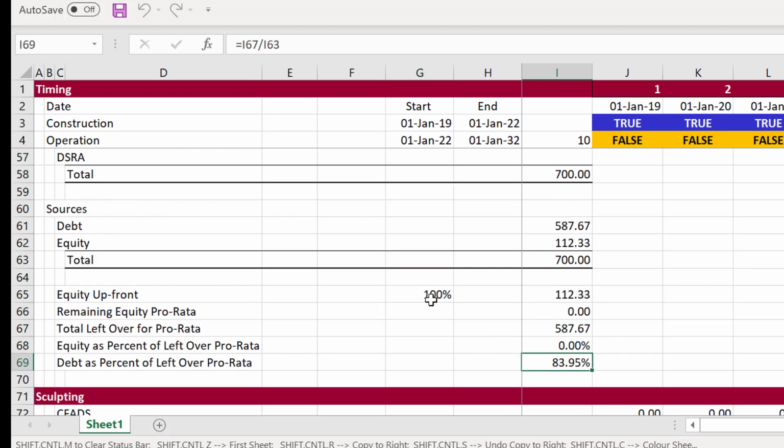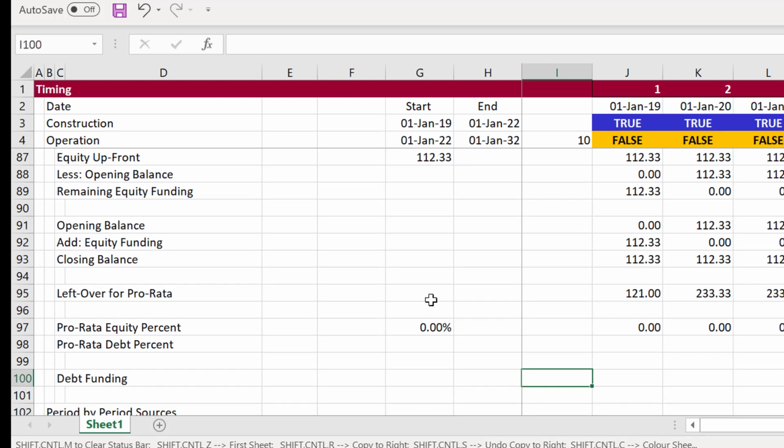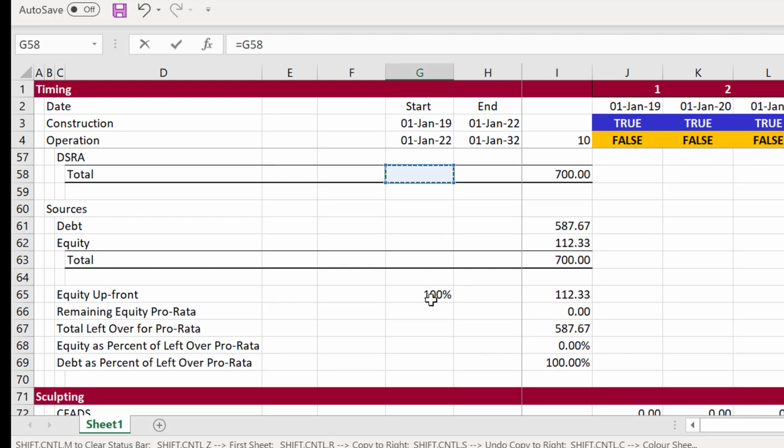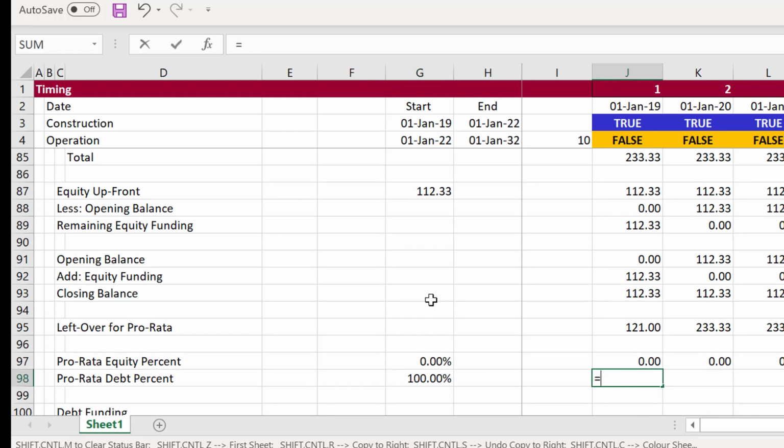This would be the total debt we have from our sources and uses divided by the leftover debt amount, okay? And we take that percentage, and we can multiply the same thing by that percentage.